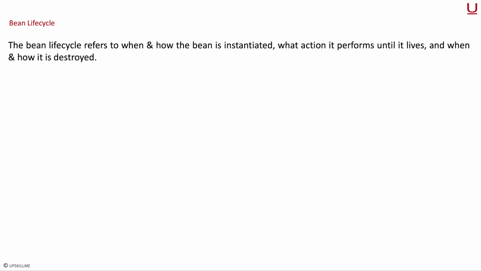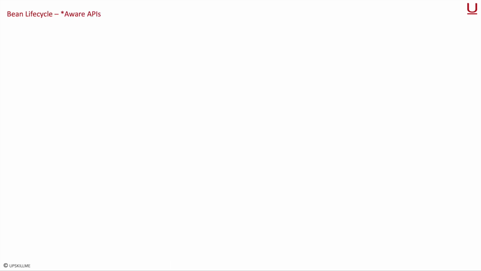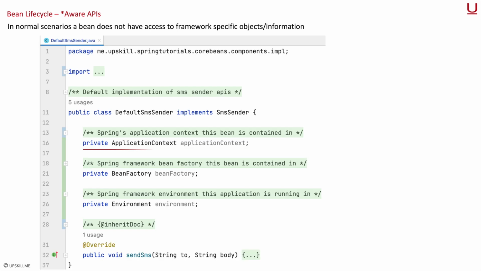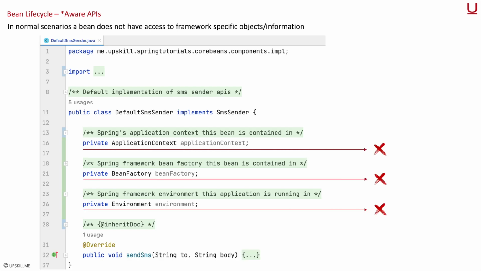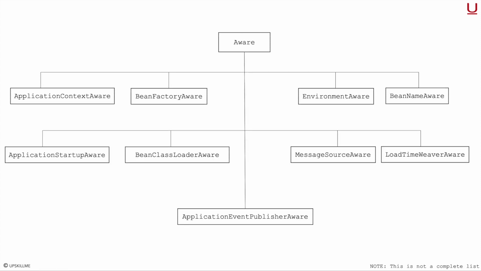Before I explain the bean's lifecycle in detail, let me first talk about aware APIs in Spring. A Spring bean may want to access framework-specific objects like application context, bean factory, Spring environment. However, in normal scenarios, such information is not exposed to the bean, and there is no way a bean can access these details on its own. Spring provides us with the Aware interface and its sub-interfaces which a class can implement to get notified of these framework-specific details in a callback-style manner.